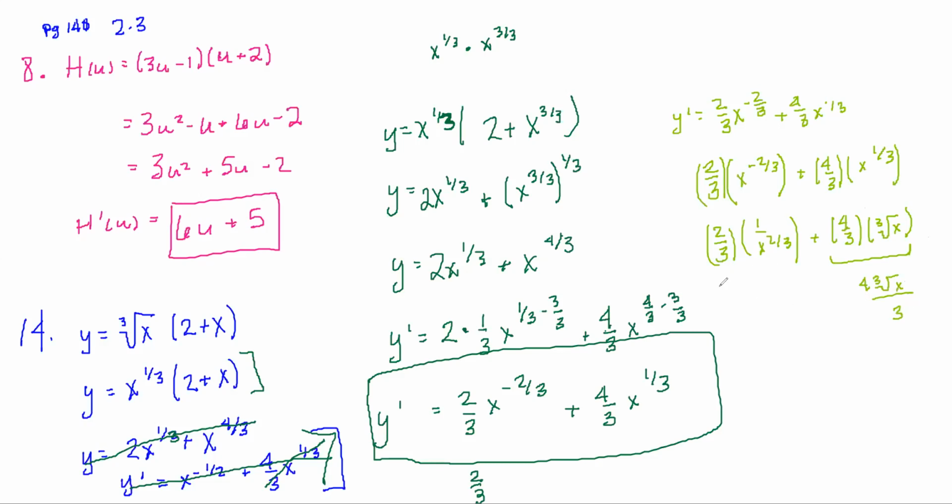This, on the other hand, is going to be 2/3, and then this can be written as 1 over the cubed root of x squared. So this can then be written as 2/3 cubed root of x squared, or as this, or as any of the steps in here.